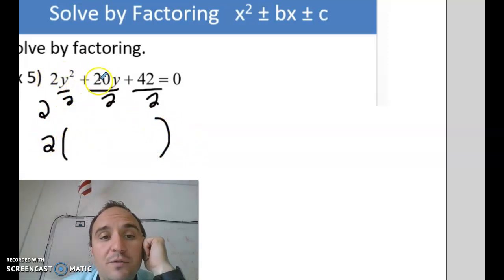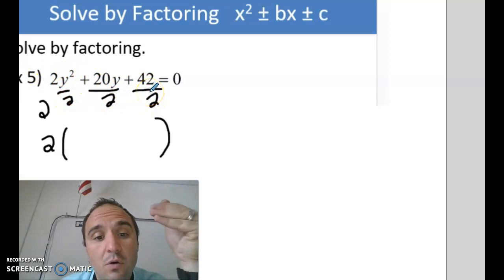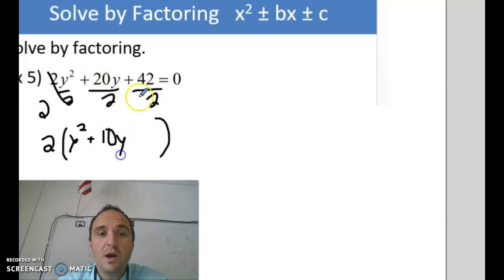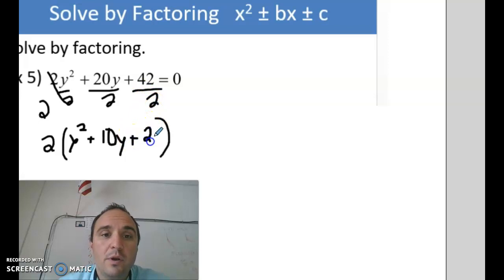Now we look, you divide each term by 2 because it's a common factor. So cross these out and you're left with y to the second, plus cross these out, you're left with 10y. 42 divided by 2 is 21.